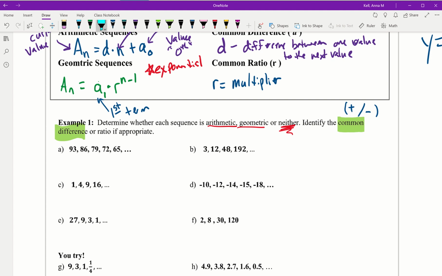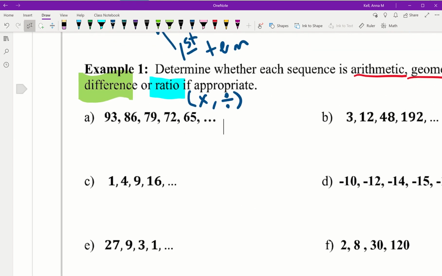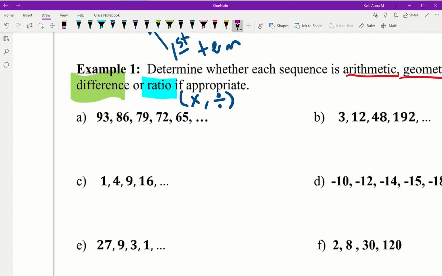If there is a common ratio, that is going to be multiplication or division. So we're going to look at what the pattern is from one value to the next. In these examples, we just want to determine if they're geometric or arithmetic. Okay, so let's go ahead and look here. I'm going to zoom in.